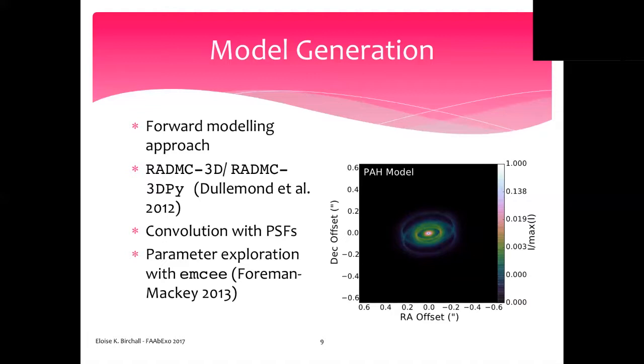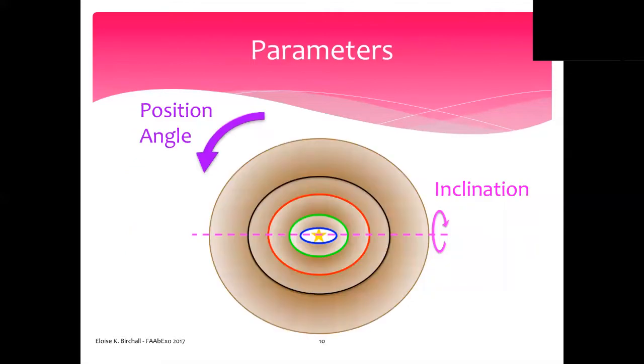So there's quite a few parameters, so I'm going to step through them. So this is our disk. This is one parameter, the very inner radius of the disk. There's a wall here, the second wall here, this red line, and there's also the inclination and the position angle.